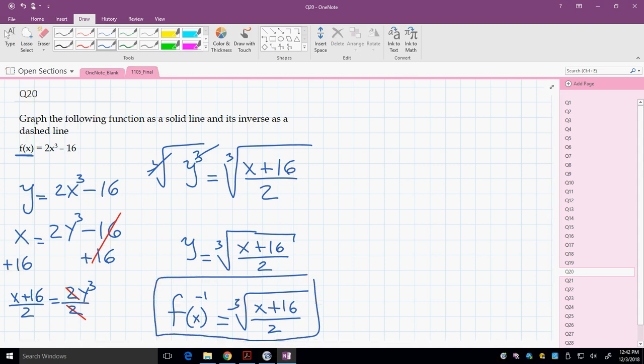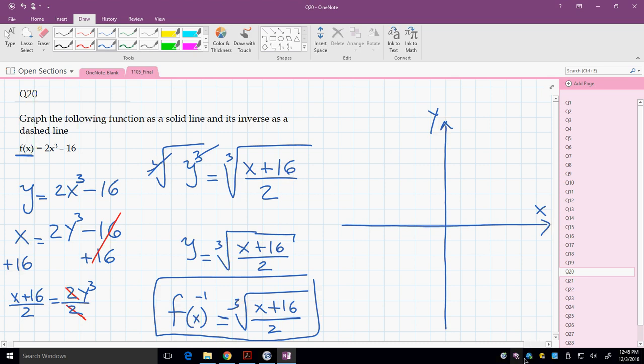To graph it, the best thing that you can do is go to your calculator. You can input the information in y equals, and you may change the color or the thickness of the line so you can see the difference between the original one and the inverse. We have y by x.